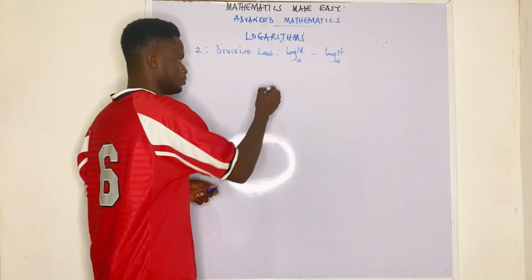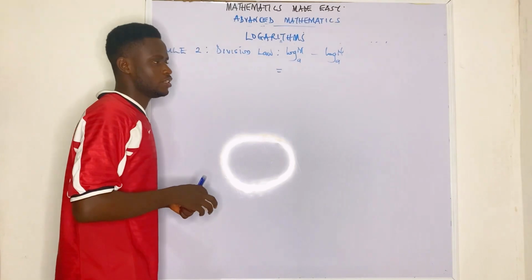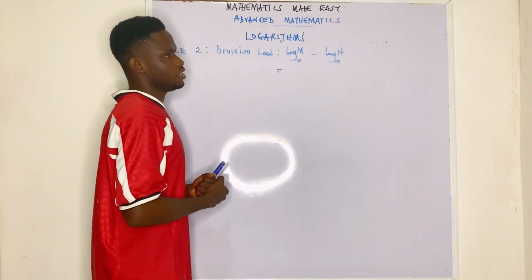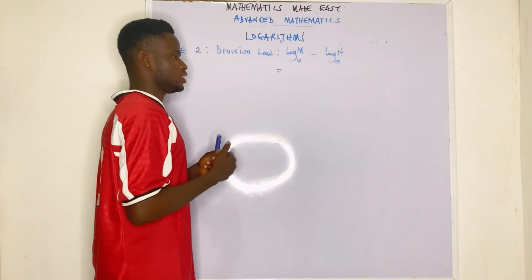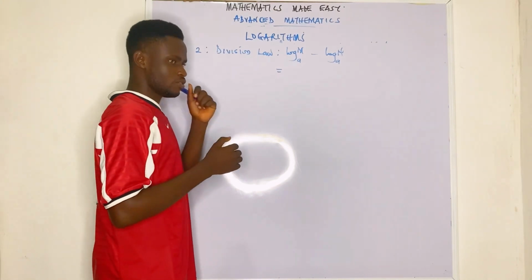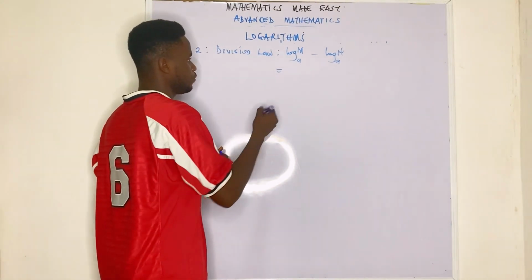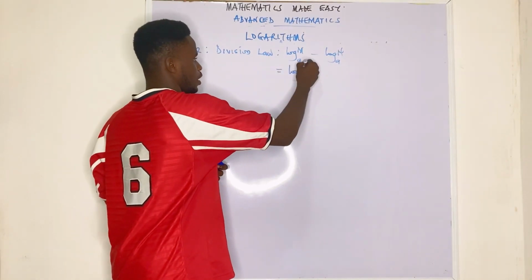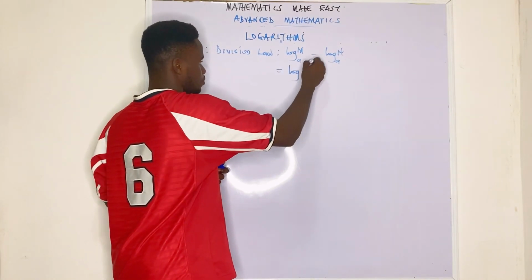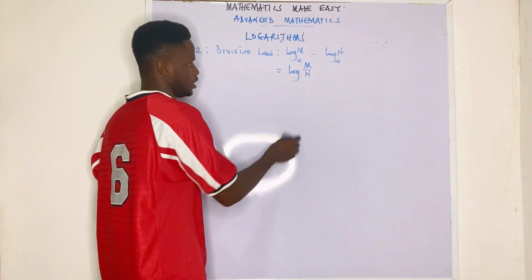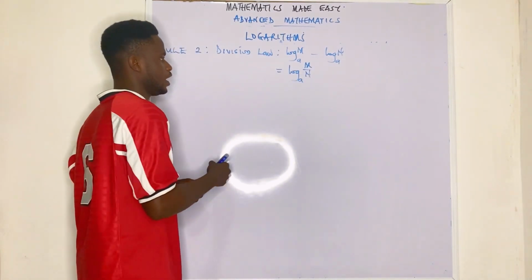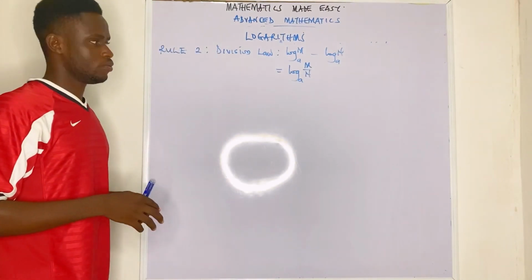In case of this, you divide. Just like the way we have written it, when you multiply, you add. When you divide, you subtract. But in this case, when you add, you multiply. And when you subtract, you divide. So this one will simply give us log m divided by n, base a. So that is division rule.